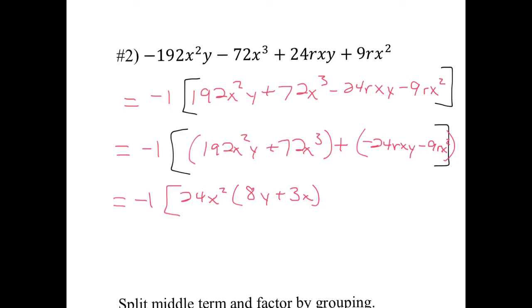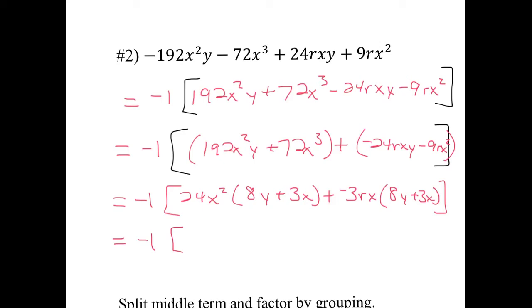And then this next one, the GCF, is a negative 3rx. So I have plus a negative 3rx, and I'm left with 8y plus 3x. Once again, what's in this parentheses is the same as this parentheses. I'm just noticing something that I could have done at the beginning that I'm going to end up doing here.